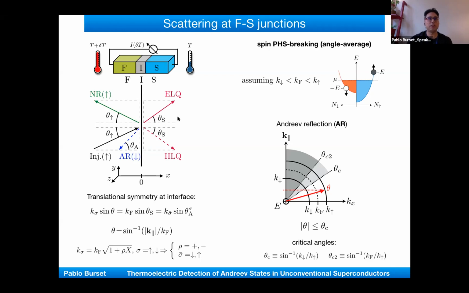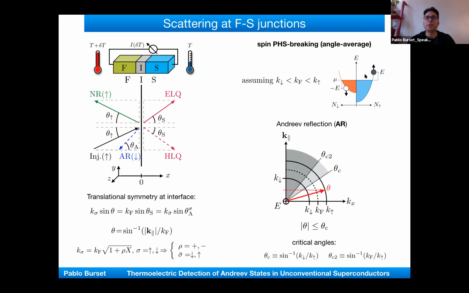So we consider translational invariance at this interface, which determines that all the transport modes depend on this azimuthal angle because the component of the wave vector parallel to this interface is conserved. And we see that the bandwidth in the superconductor, we consider it a large bandwidth approximation, and it's this Fermi wave vector. But on the ferromagnet, we can have a different bandwidth depending on the exchange field.